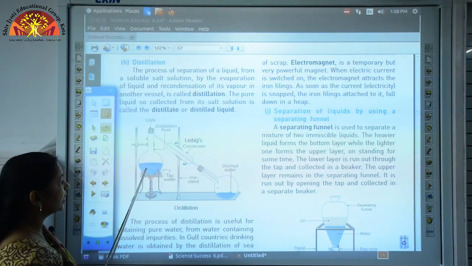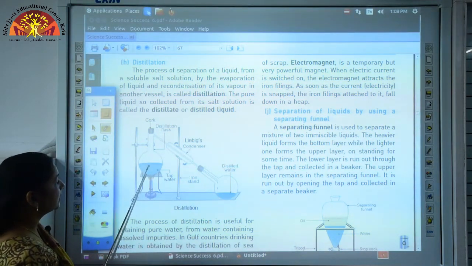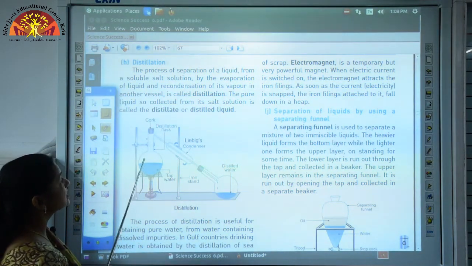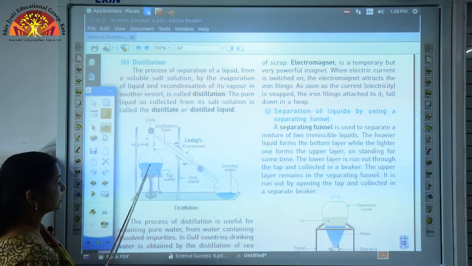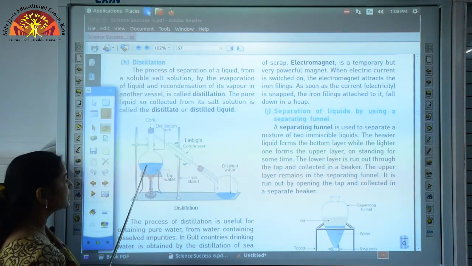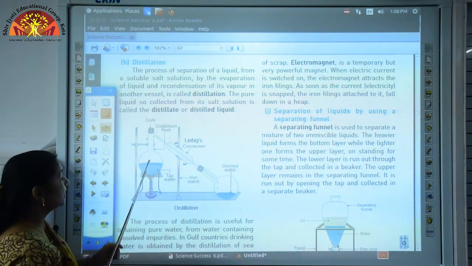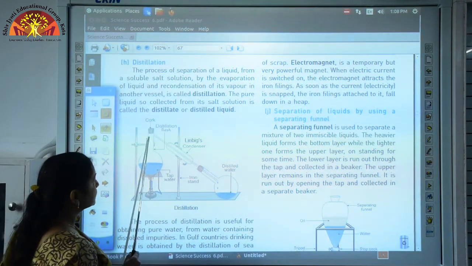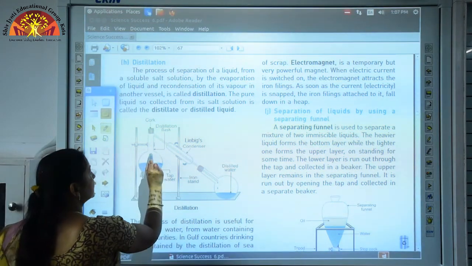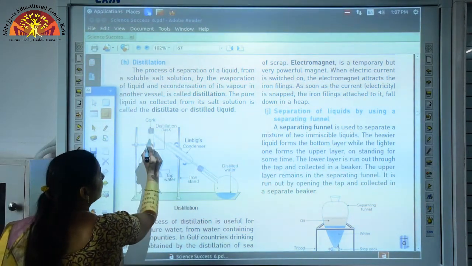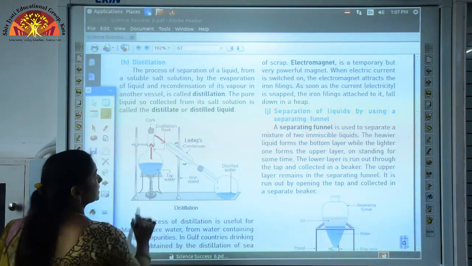Here we have taken a round bottom flask. In this we have this mixture of soluble salt solution, and it is heated, and when the vapors rise up, they are allowed to pass through this condenser.